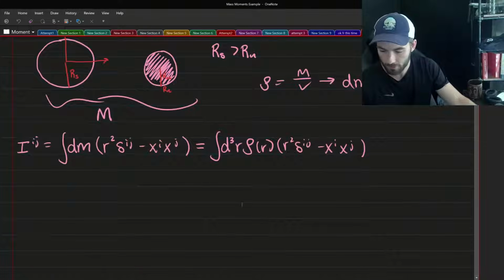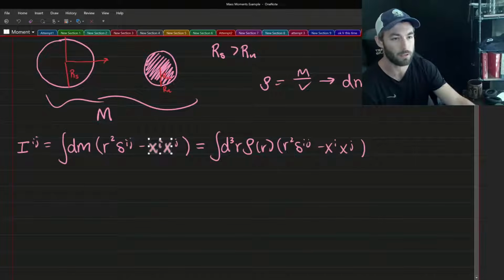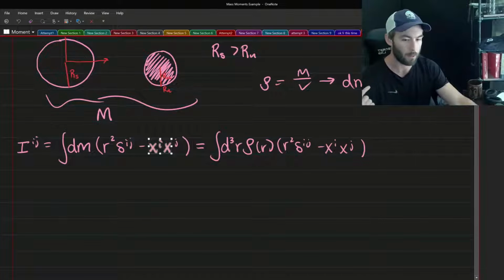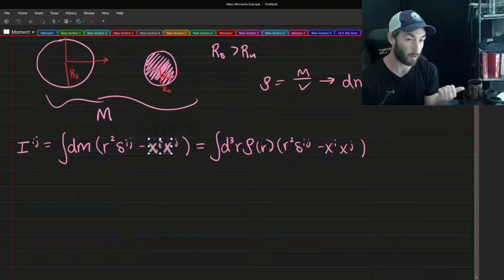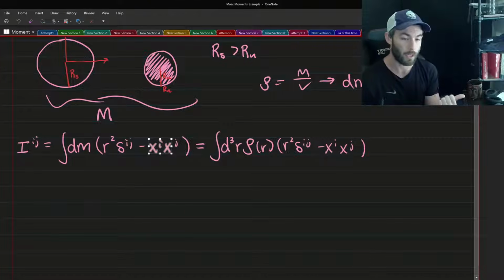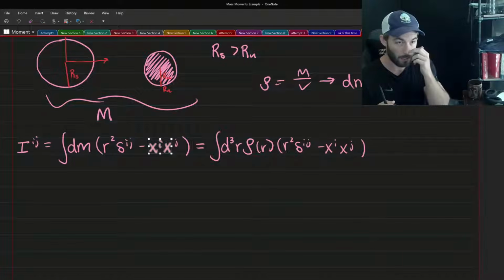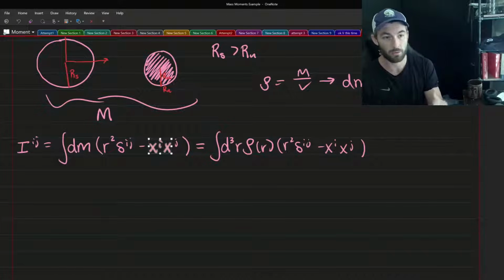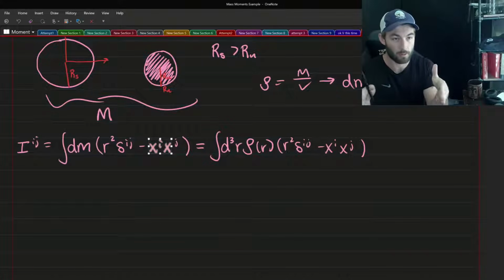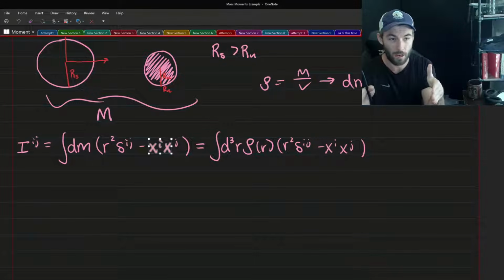What do the off-diagonals mean? The off-diagonals are referred to as products of inertia, and it can mean one of two things. It can mean that the angular momentum isn't pointing in the direction of the angular velocity, which means you're forcing, say, the tires to rotate about an axis that isn't the principal axis, which will induce a kind of restoring force that gets you to wobble a bit when you're driving.